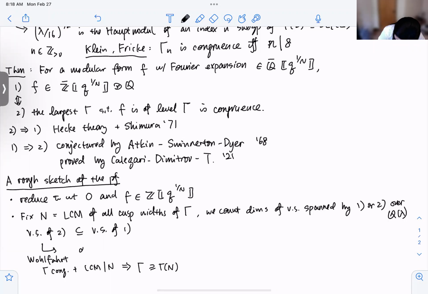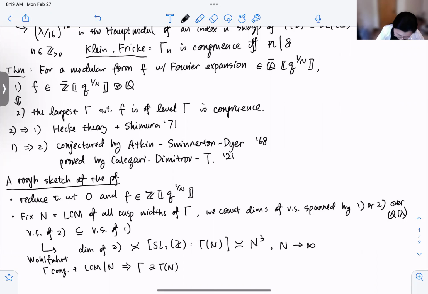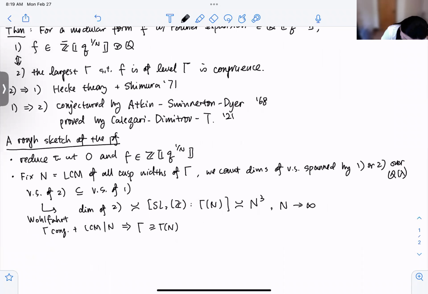So this implies that the dimension of V2 is, roughly speaking, the index of gamma(n) inside SL2(Z), which is roughly n cubed as n goes to infinity. So we have an asymptotic in one direction.